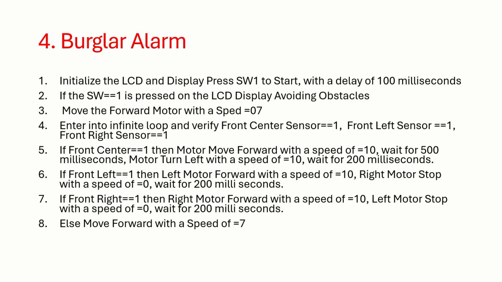Means you should use a conditional statement: if switch 1 is pressed, then again on the LCD display, avoiding obstacles. Then move the forward motor with a speed of 7. After that, enter into an infinite while loop.